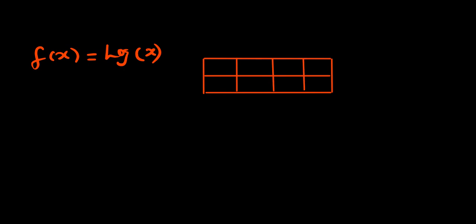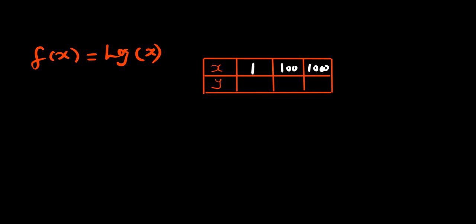Let's say this is x, this is y. Now that we've got that, what are we going to do? Let's start from 1, let's say 100, let's say 1000.